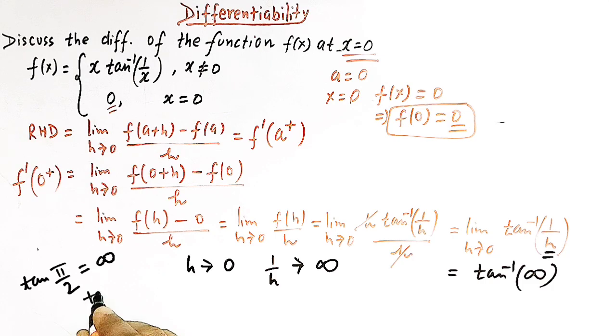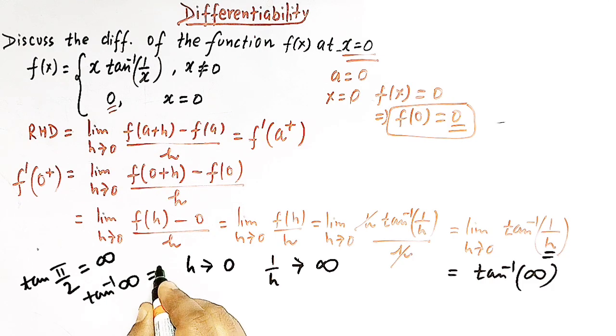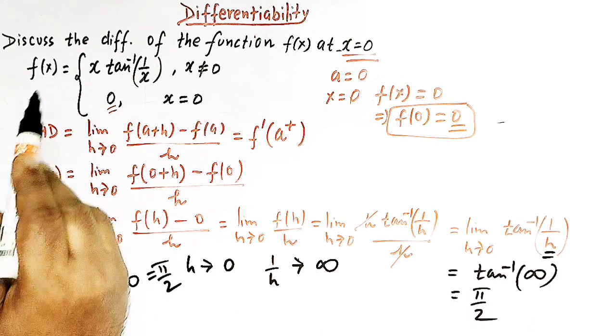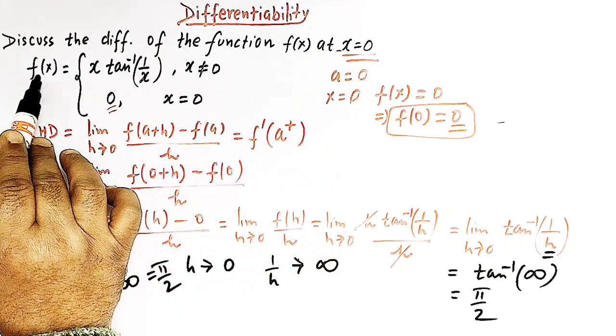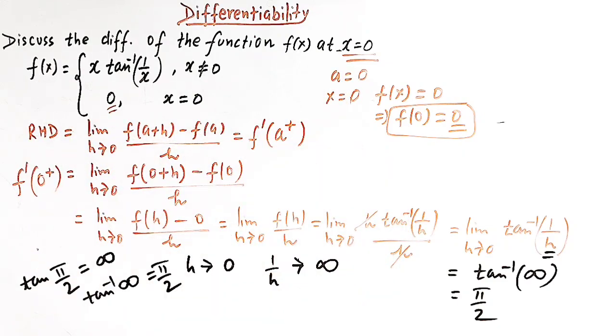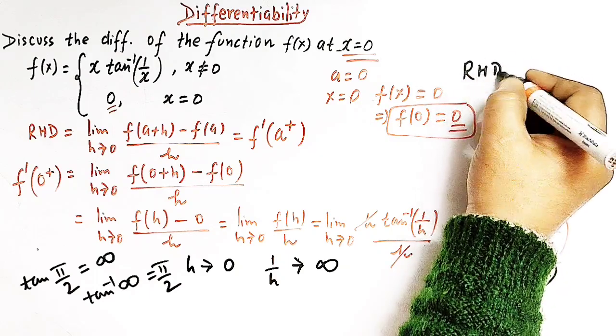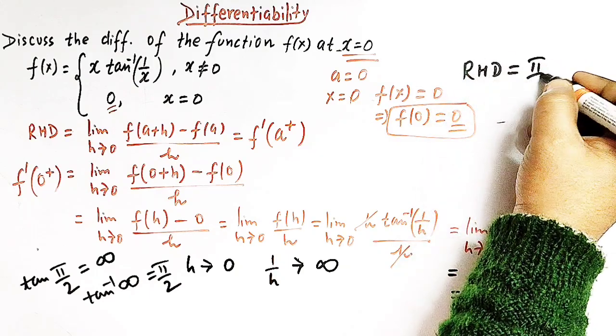So we can now replace tan inverse infinity by pi by 2. So here we have pi over 2. So the right hand derivative of this function at x is equal to 0 is equal to pi by 2. So here we'll write the right hand derivative equal to pi by 2.